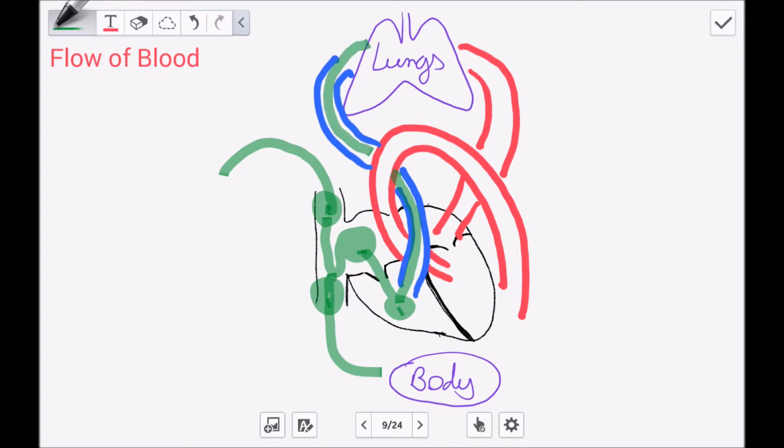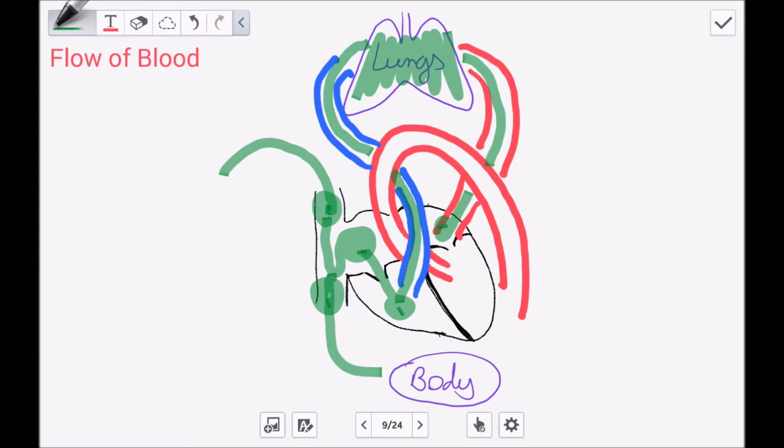and into the lungs. The lungs, they're purple because we just want to denote that that's where gas exchange happens. So the deoxygenated blood from the pulmonary artery is going to go through the lungs. Oxygen is going to diffuse in, carbon dioxide is going to diffuse out, and we have oxygenated or oxygen-rich blood coming back from the pulmonary vein into the left atrium.